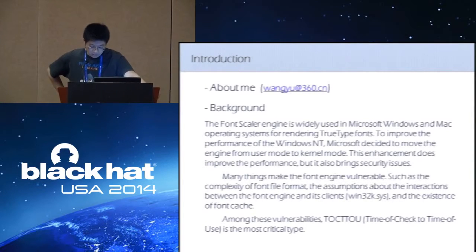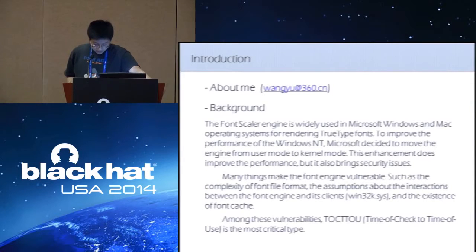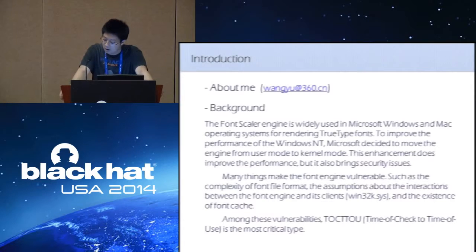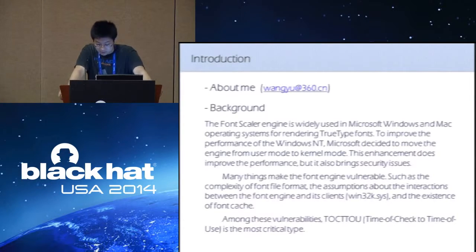As I mentioned 2 years ago at the SysCan 360 conference, many things make the font engine vulnerable, such as the complexity of the font file format, the assumptions about the interaction between the font engine and its clients, the existence of the font cache, and so on. Among these weak points, time of check to time of use is the most critical type, I think.